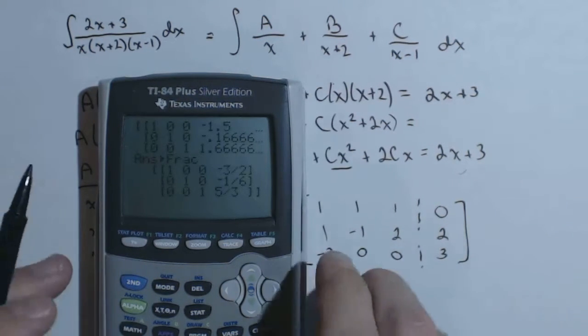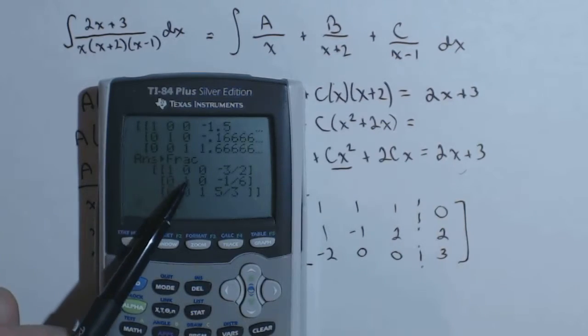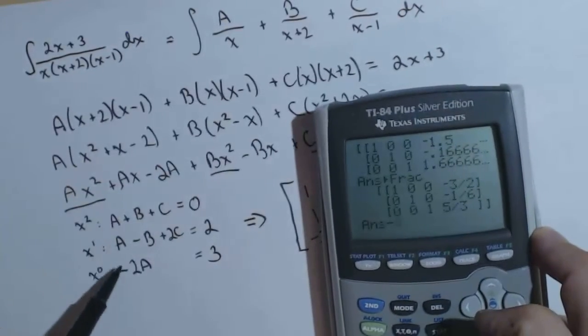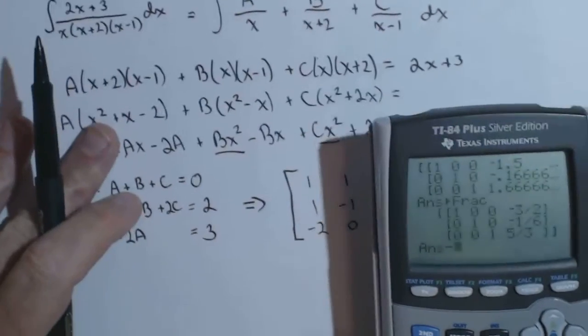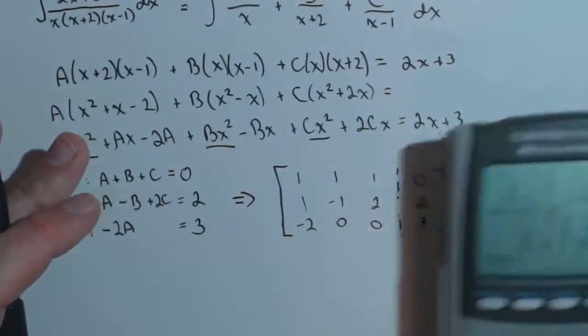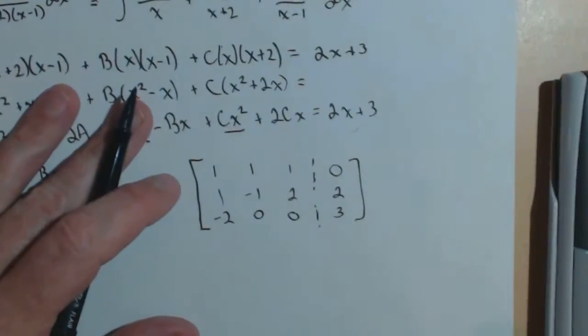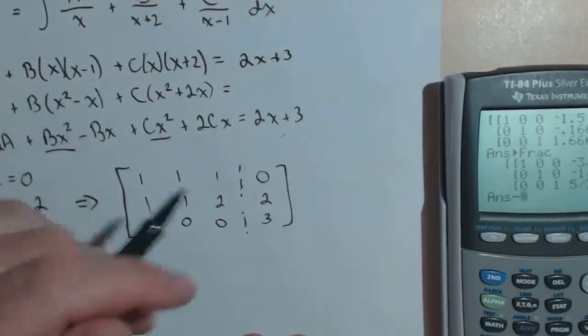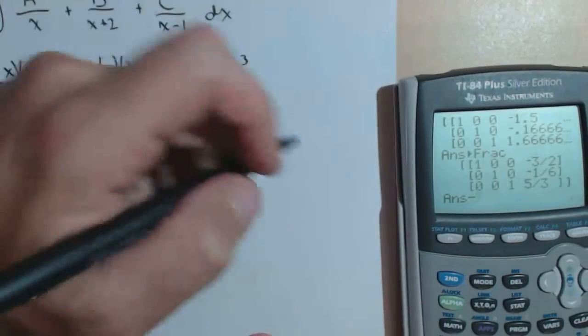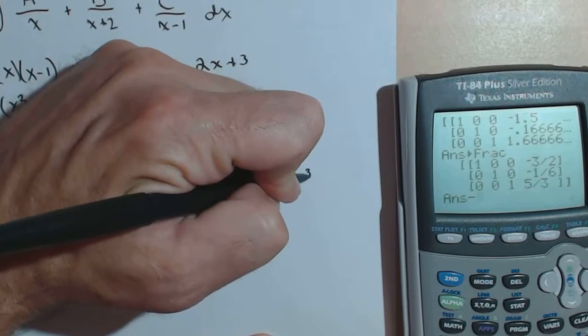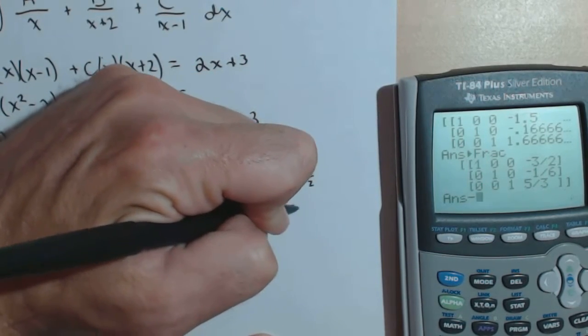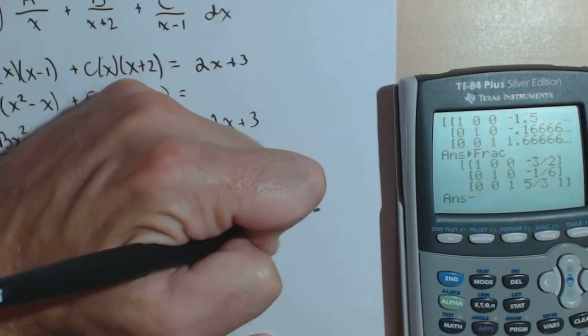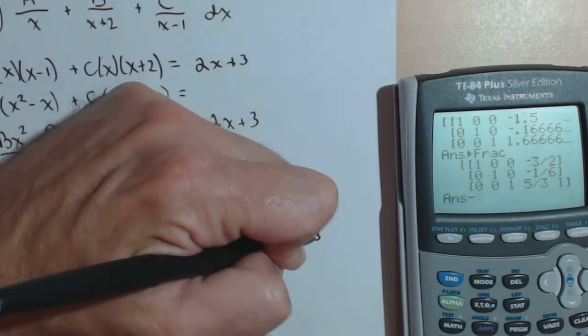And there are our coefficients. This represents A, B, and C because that was their position in the columns. So solving this, we get, let's write them right here, A equals -3/2, B equals -1/6, and C equals 5/3.